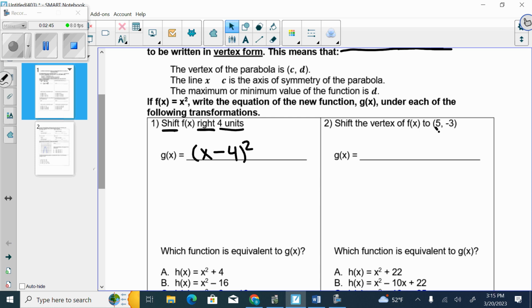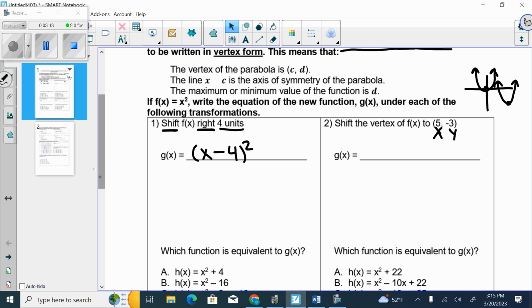X. This is representing a change in x, while the negative 3 is representing a change in y. Okay, so x's go left and right. So they're saying instead of being at 0, 0, like normal, I'm now over here at 5, negative 3. So it did look like this. Now it's the same u, but it's been moved over here.